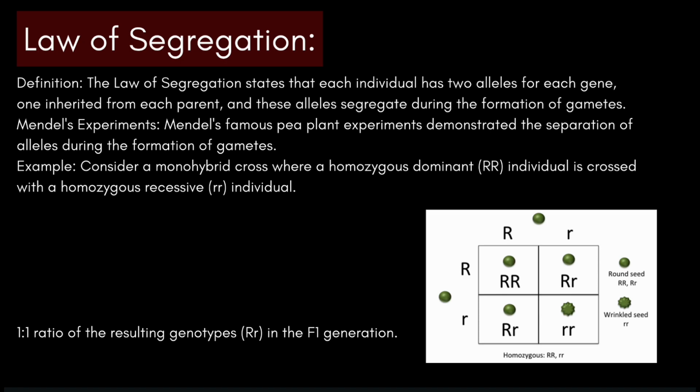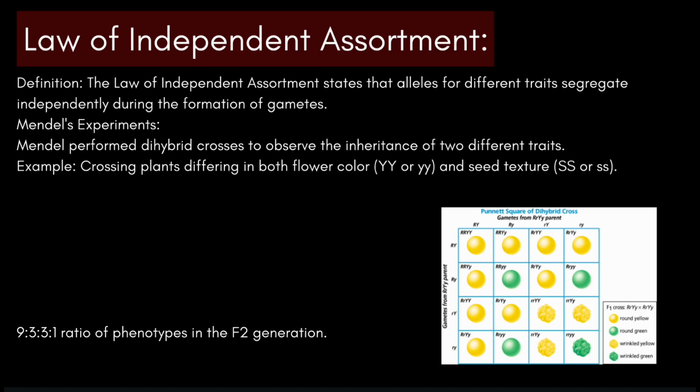And I have a cross here between two heterozygous individuals, so it shows a big R, little r. As you can see in this case, 3 of them would have the dominant phenotype, and 1 of them would have the recessive gene completely, while 2 of them would be heterozygous for the dominant and recessive gene. So let's go ahead and move on.